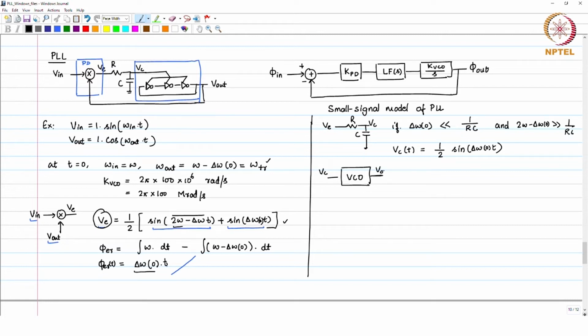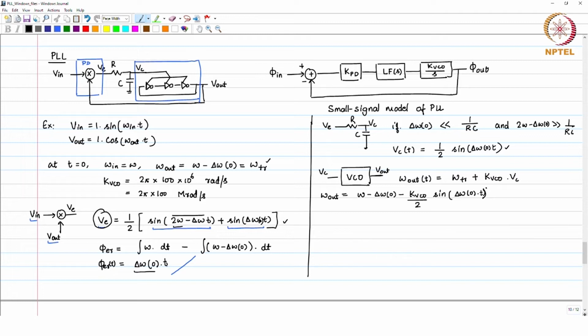The way the frequency is controlled at any given time is omega out of t equal to omega free running plus kVCO times Vc, which will then lead to omega out as omega minus delta omega 0 minus kVCO times Vc. What is Vc? This is given here. So, you have kVCO by 2 into sine of delta omega 0 t.